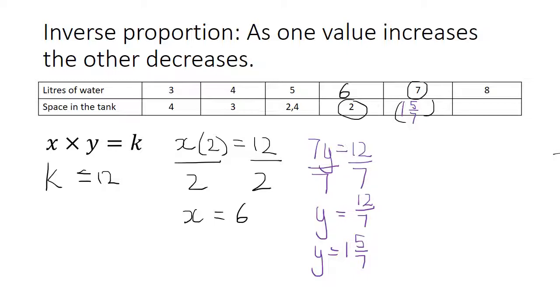Okay, and then for our last one, there we've got an 8. We're going to swap out the x for an 8, so it's going to be 8y is equal to 12. Exactly the same. We need to get the y by itself, so we're going to divide both sides by 8, and then we can say y is equal to 12 over 8.